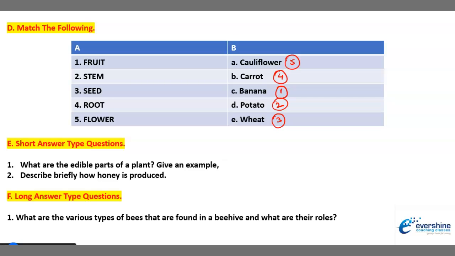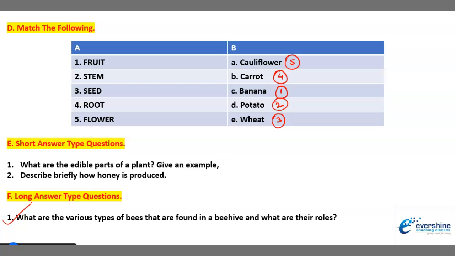Okay. Next question, what are the various types of bees that are found in a beehive and what are their roles? Can you tell me, children, which are the types of bees we found? That is worker bees, queen bees, male bees. So these are the different types of bees. What is the role of a worker bee? See, children, worker bees collect nectar from flowers and store it in hives.